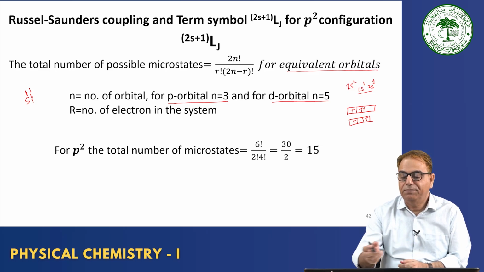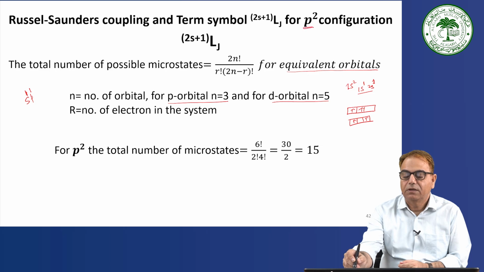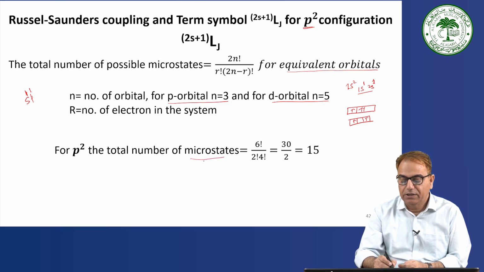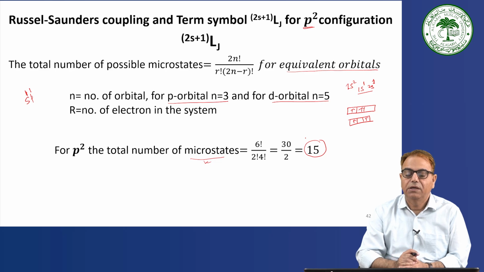So for the P2 configuration, n is equal to 3 because you draw 3 boxes, and r is equal to 2. If you calculate, the total number of microstates you get is 15 for a P2 configuration. All different kinds of configurations you will have to take into account.